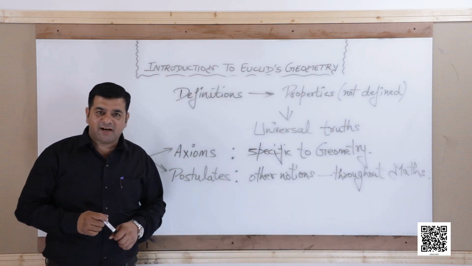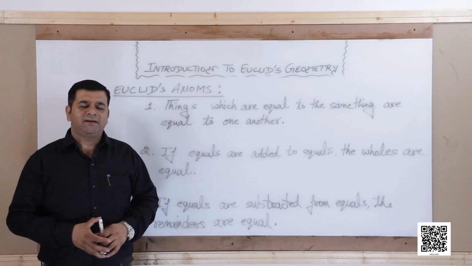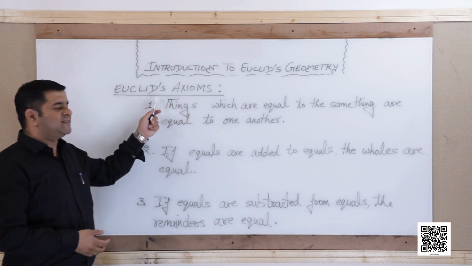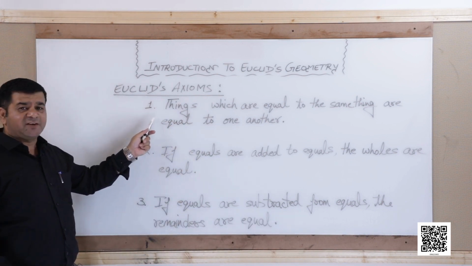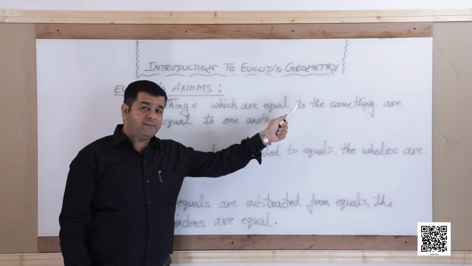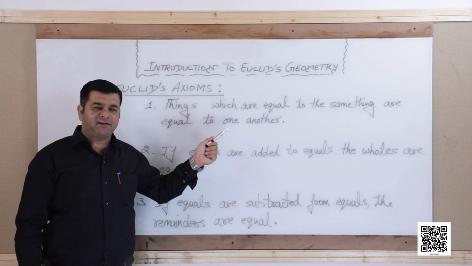Now, we will study these a bit further. Let's go. Now, let's study about Euclid's axioms. The first axiom is things which are equal to the same thing are equal to one another.